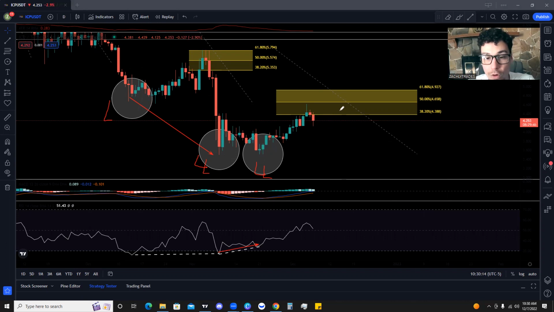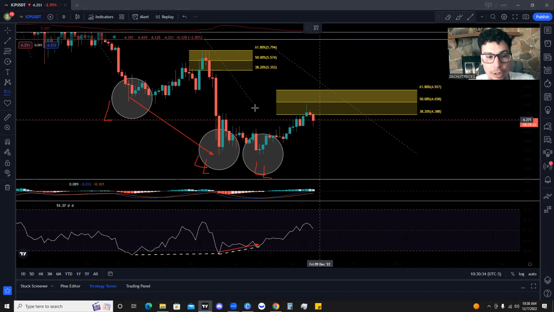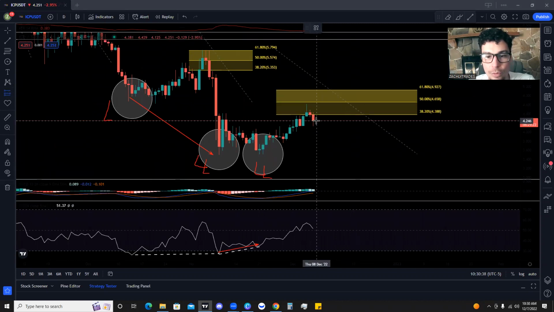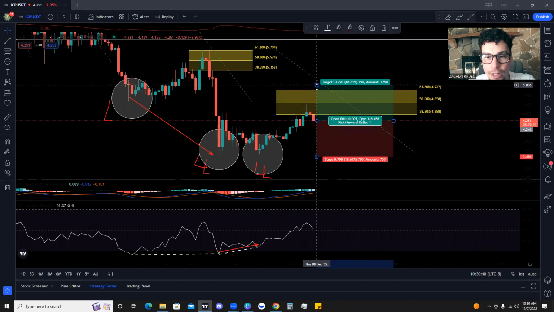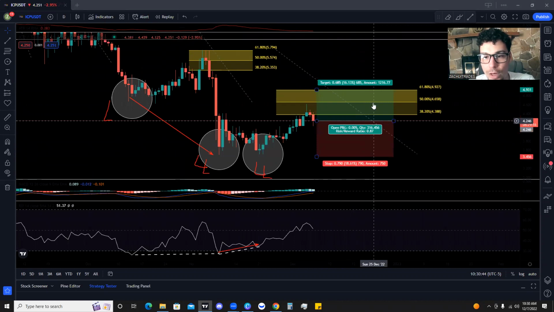Your risk to reward is a lot more skewed when you're entering right at your major retracement levels, right? Because what if we do come up to the 61.8% level and you're using that as a bullish price target? Well, if we go ahead and use our tool over here for, let's just say, a short or a long position, what we see is that if we go long here, our target compared to our stop loss is relatively the same.